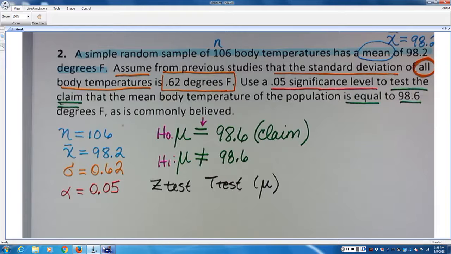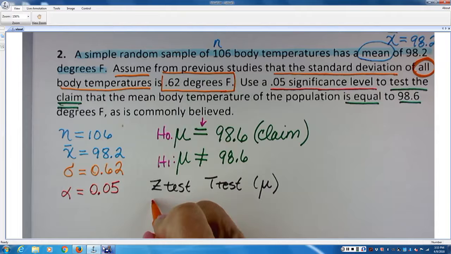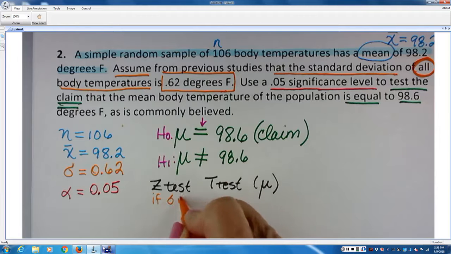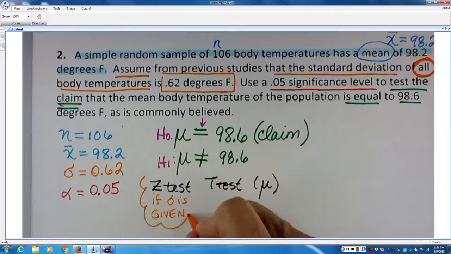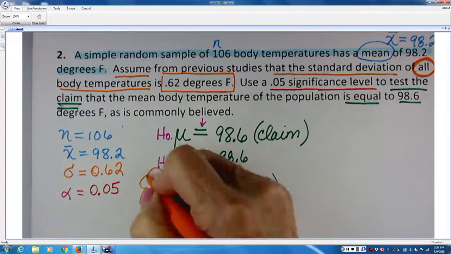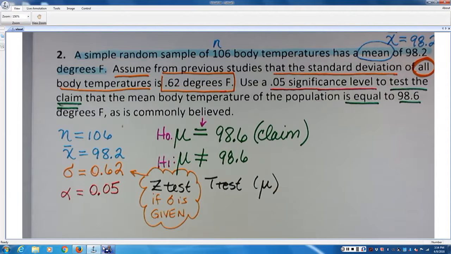And the difference between those two choices is that you can use a z-test if you know the population standard deviation. So you use a z-test if sigma is given. Is sigma given to us in this problem? Yes. It is, so we're going to use a z-test. Okay?